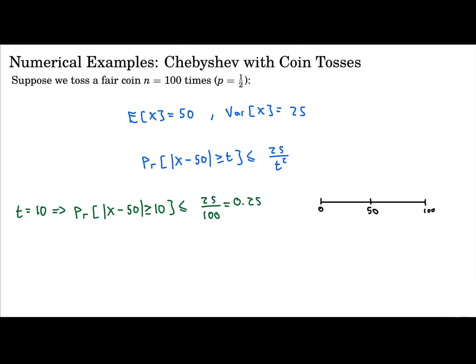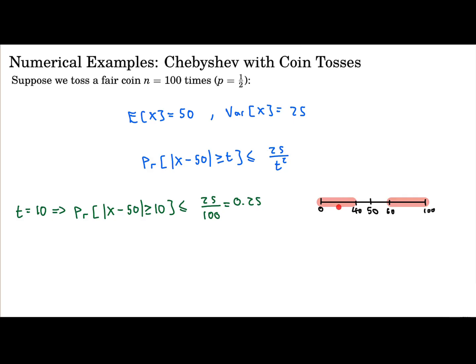Now what this is saying is that the probability that the distance is larger than 10, so 50 plus 10 would be 60 and 50 minus 10 would be 40, is the probability that the number of heads you get is outside this region.